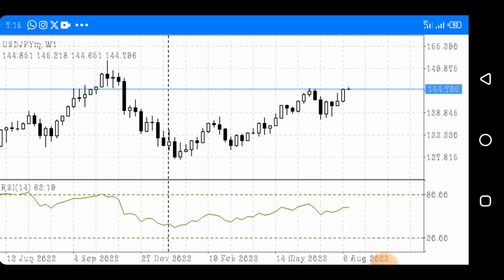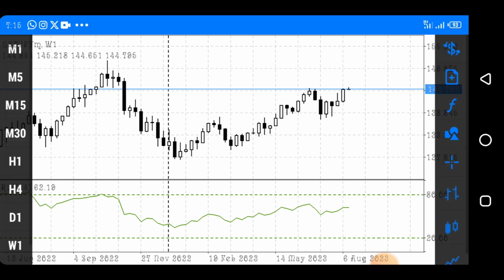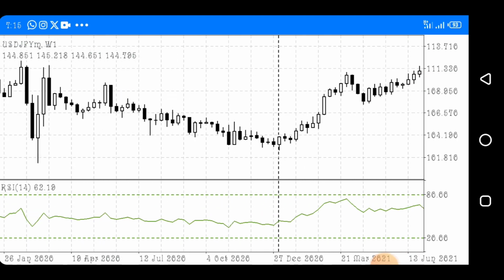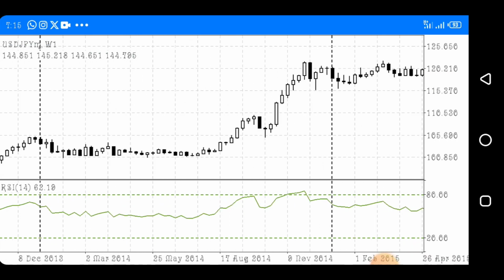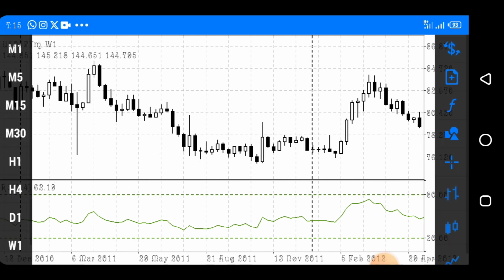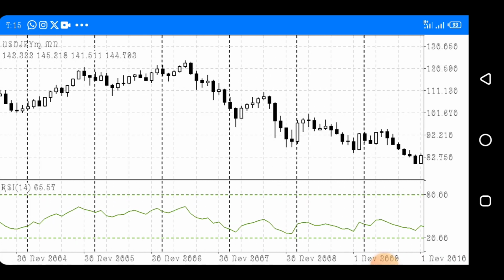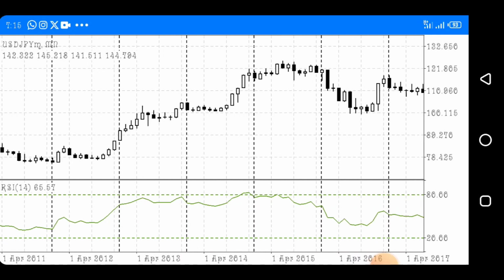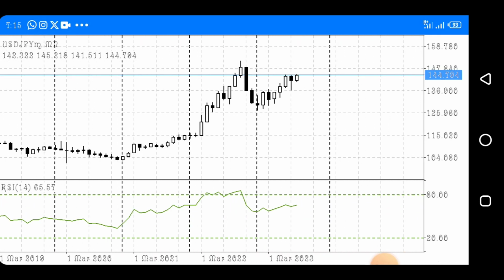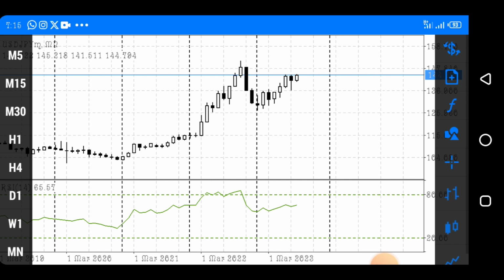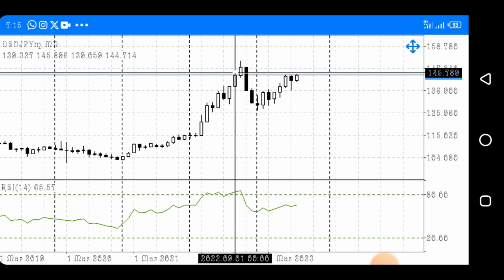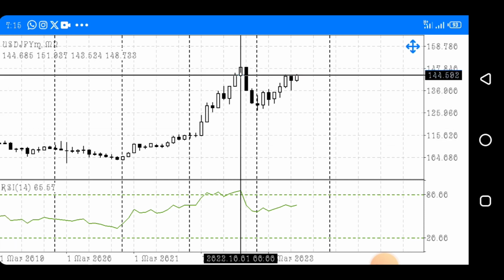Now, this market is also on an uptrend, and it's very close. Let's go to the monthly. Let me start from the month. This market is also on an uptrend, as you can see, and it's very close to an all-time high.